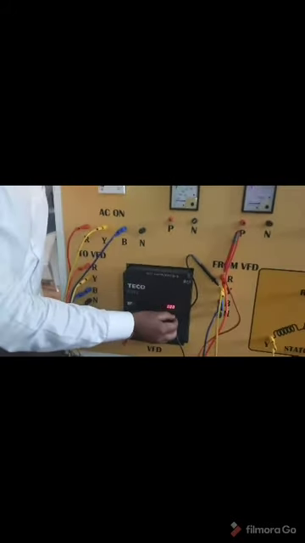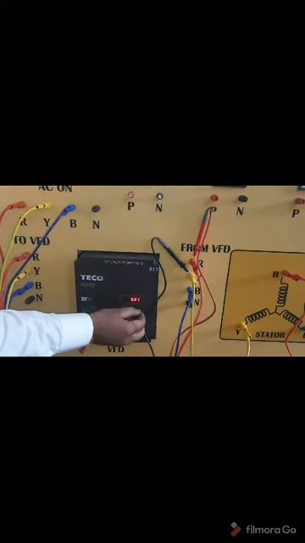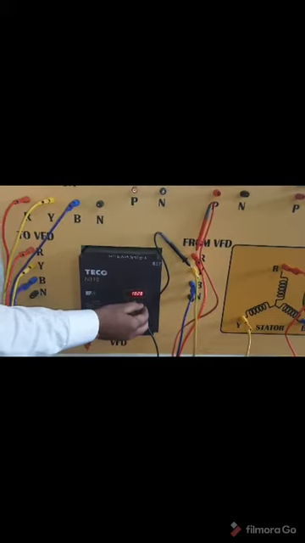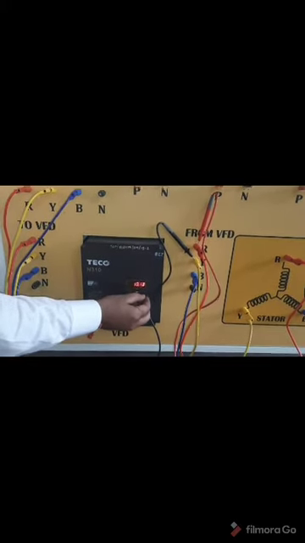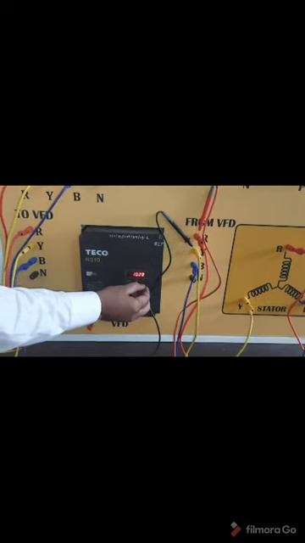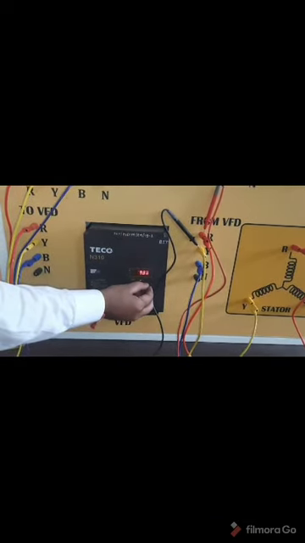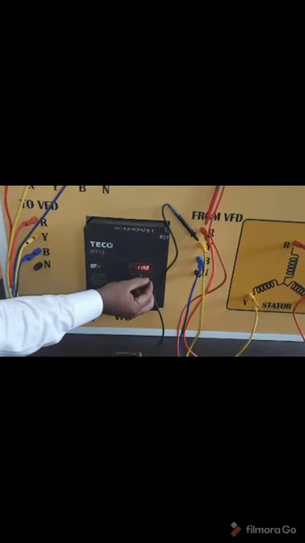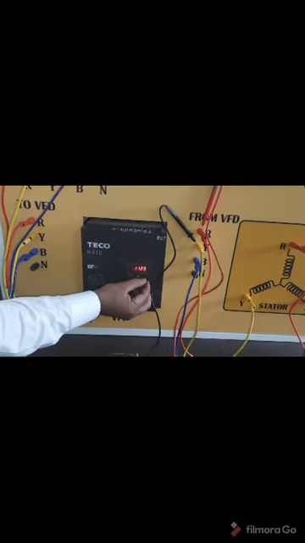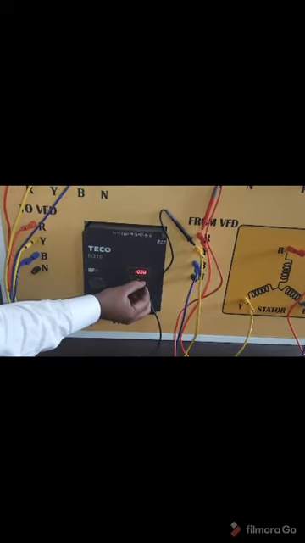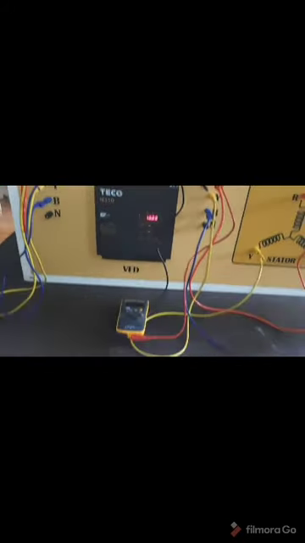Now let's start with setting the frequency. The first frequency I will select is 10 Hertz. So I will adjust the frequency to 10 Hertz. Okay, so 10 Hertz is the frequency.